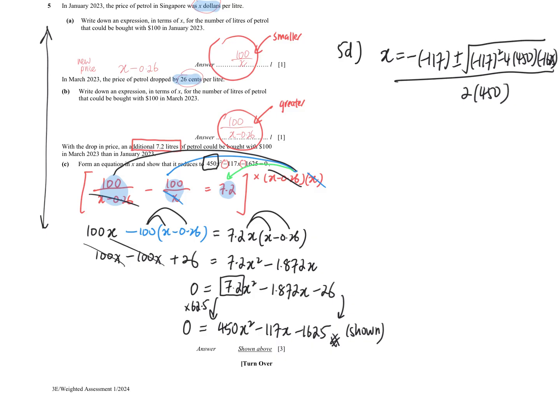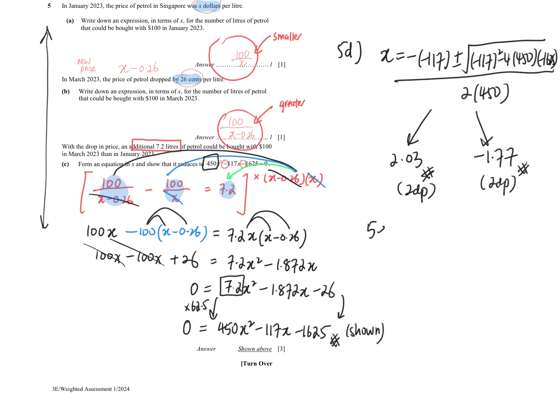So you should have two answers. One is 2.03. The other one is minus 1.77. The question says 2 decimal places. So 1 mark for using the quadratic formula and 1 mark for getting both correct answers.